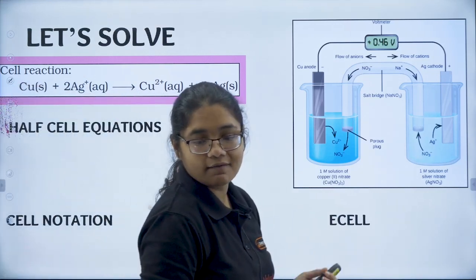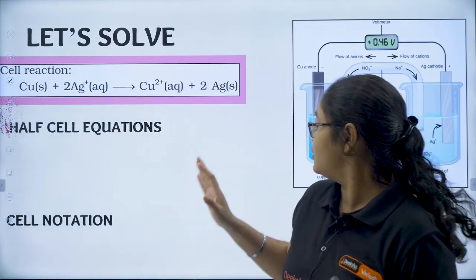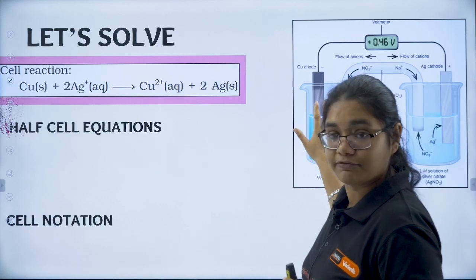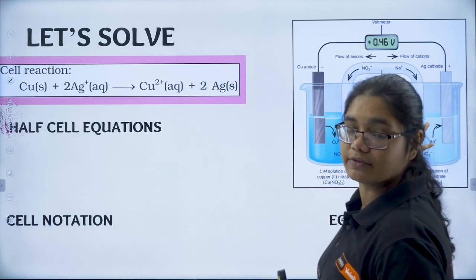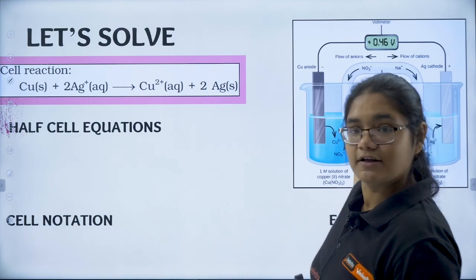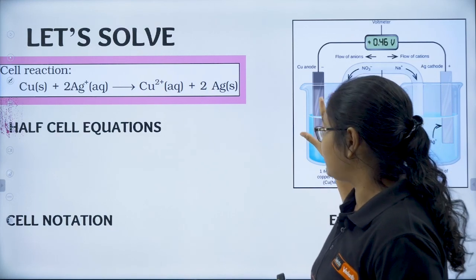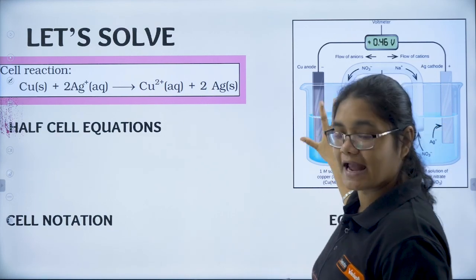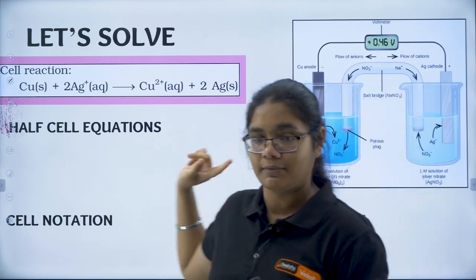What all things do we have to do for this question? You have to write the half cell reaction. What is half cell? You have to write the reaction happening on the left hand side and the reaction happening on the right hand side. The left hand reaction is oxidation, right hand reaction is reduction, right? So we have to write the oxidation reaction, and this is the anode reaction, this is the cathode reaction. Remember LONG?